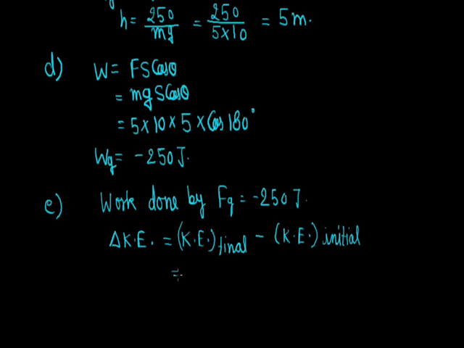Kinetic energy final will be 0 at the topmost point where its velocity becomes 0, and kinetic energy initial, which we have calculated in A point, is 250 joule. So we get change in kinetic energy is -250 joule.